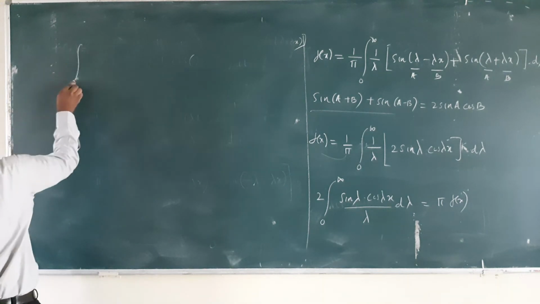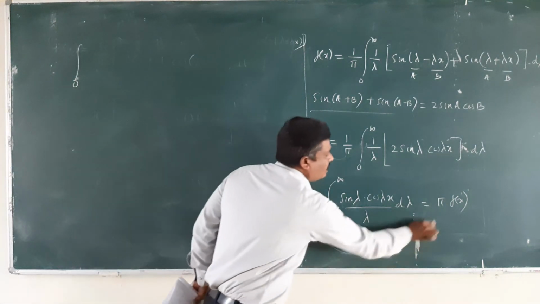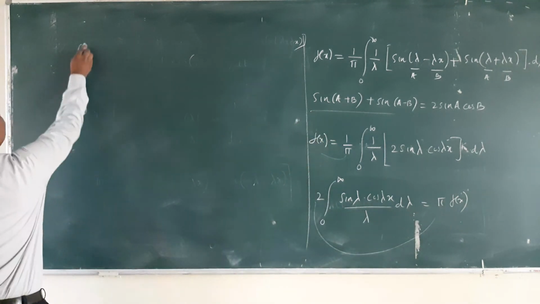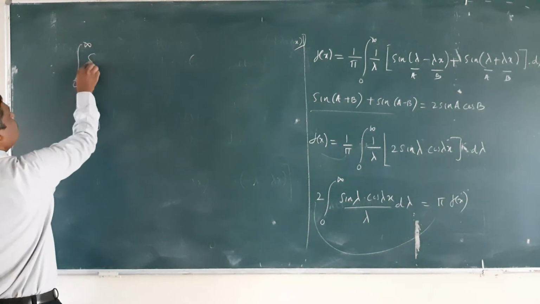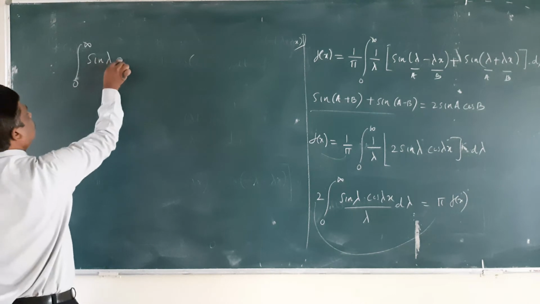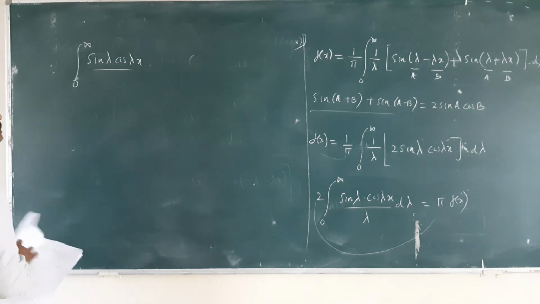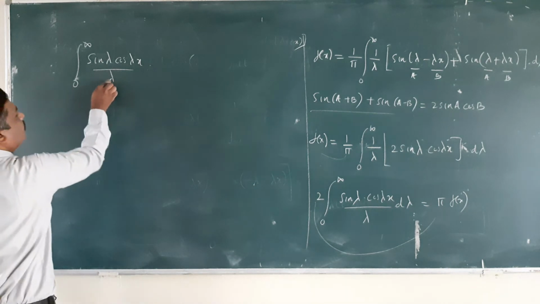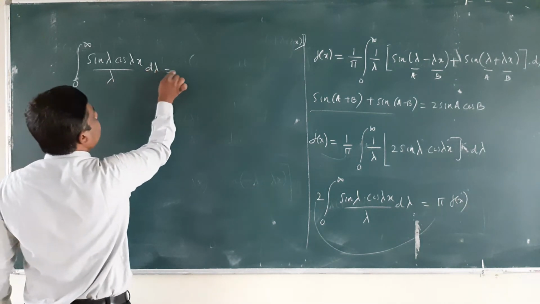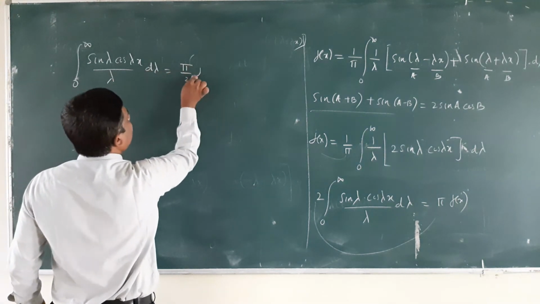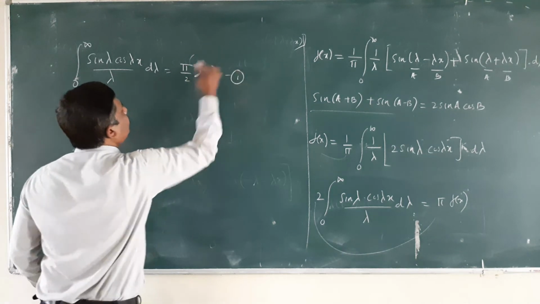Now I will take this 2 to RHS: integration 0 to infinity sine lambda into cos lambda x upon lambda into d lambda is equal to pi upon 2 into f of x.